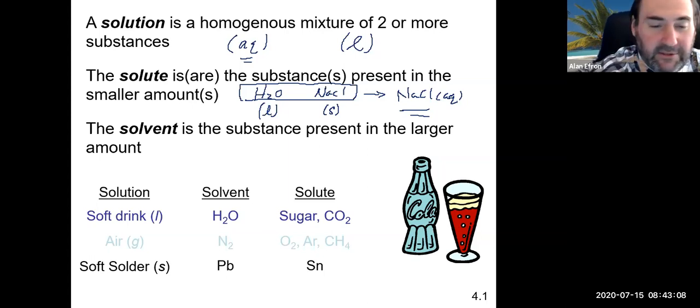So as odd as it may sound, we usually think about solutions as being liquids, but they can be gases and also solids as well. Not traditionally thought of as solutions, but they technically are mixtures of those things.